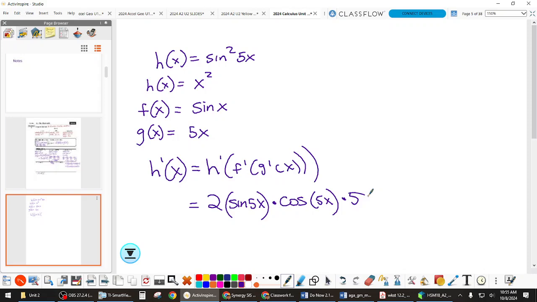And then same cleanup. One thing I don't like about this notation is this x represents 5x inside of sine inside there. And it doesn't show that quite as clearly. So, but it works, it's fine. Okay.